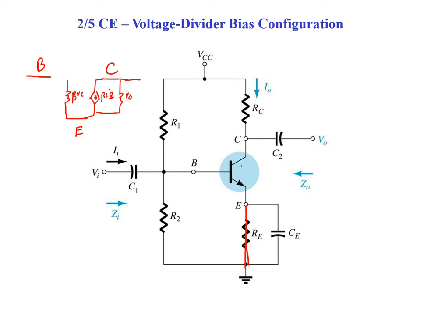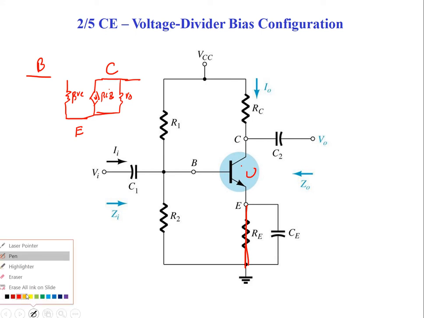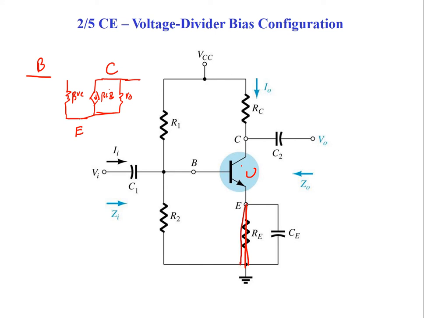So that is just the transistor model. Now let's draw the rest of the circuit. Emitter side: the emitter is directly grounded, so we can just make it ground here. At the collector point, the RC resistance is connected to ground because we made the DC ground. So here is RC, going to the ground, and this is your output point.